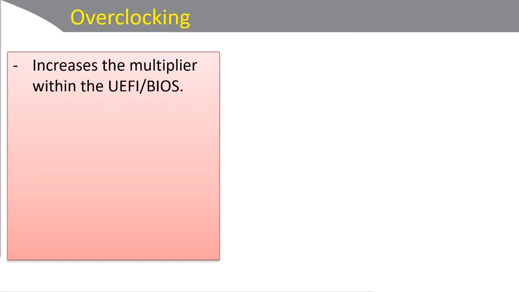Now, some motherboards do allow for overclocking, which enables the user to increase the overall speed of the CPU. You do that by increasing the base clock within the BIOS, within the UEFI, and that increases the internal clock speed of the CPU.